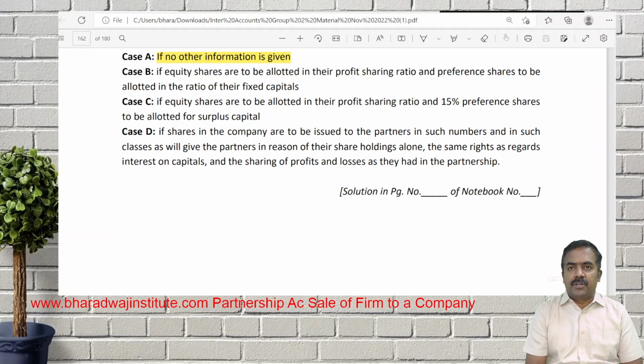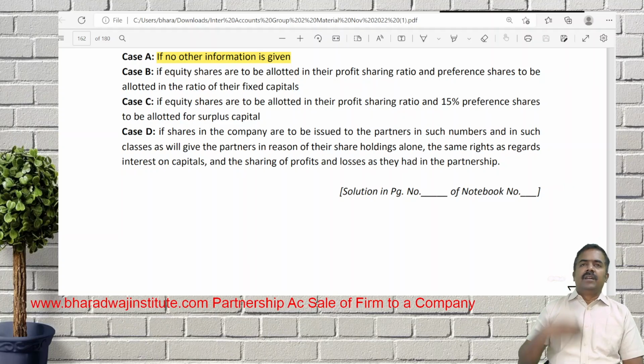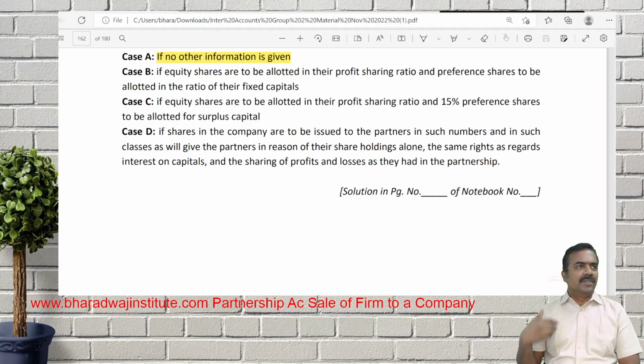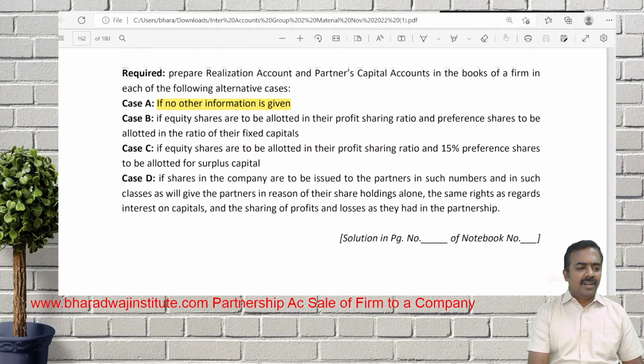On what basis they ask you to distribute? Simple. Partners old profit sharing ratio la da rights irukonu. In the same method they should get dividend etc. So very simple. When you will get the rights and dividend in that ratio, shares should be allotted in which ratio? Profit sharing ratio. அதான் already பண்ணிட்டோமே.